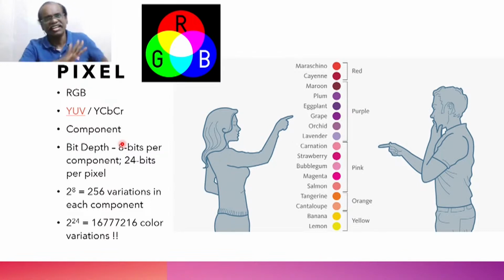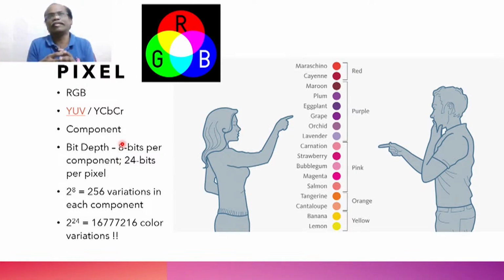8-bit is a format. Generally, all over the world, we are using 8-bit as a bit depth. Commercially, we are using YUV, 8-bit YUV. Please understand that. So, you take any component, it's an 8-bit. That means 2 power 8 variations are there. 2 power 8 variations of Y, 2 power 8 variations of U, 2 power 8 variations of V components.